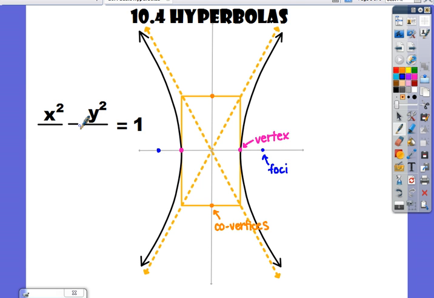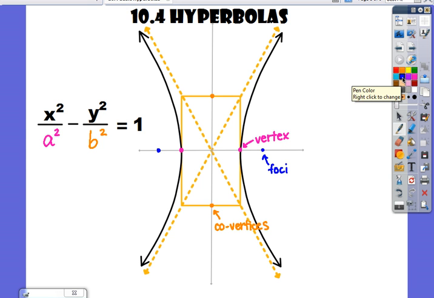And whatever your vertex number was, you're going to put that under, and whatever your co-vertex number was, you're going to put that under, just like on your ellipses. And then you're probably wondering, Mrs. Backlund, how do we find the foci?